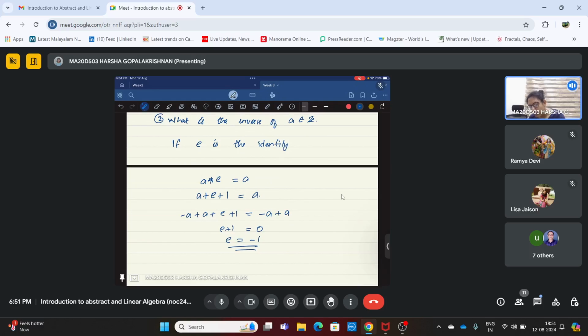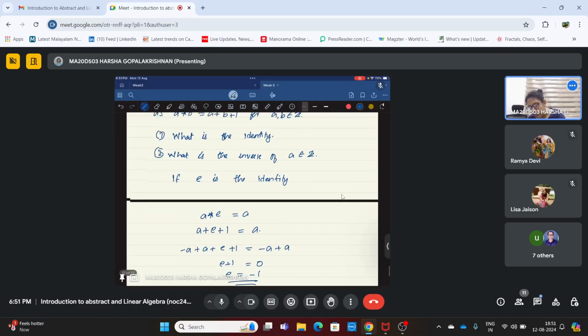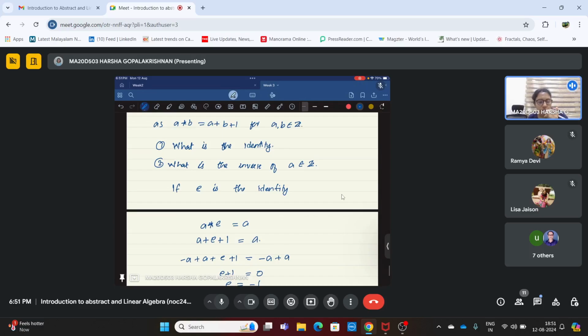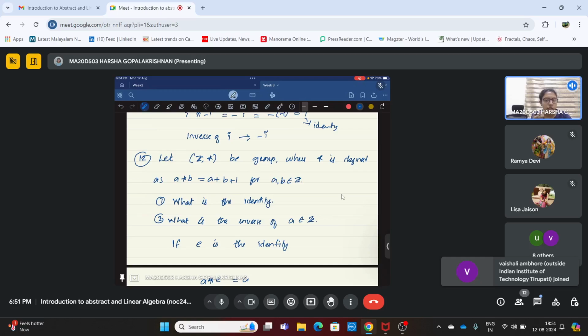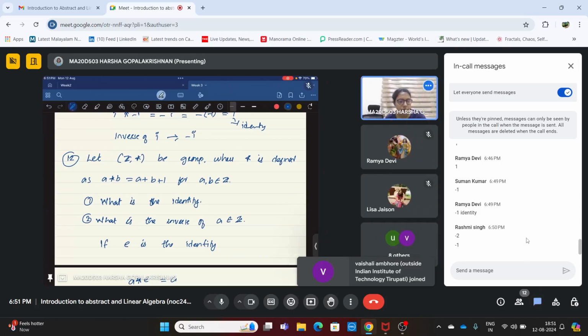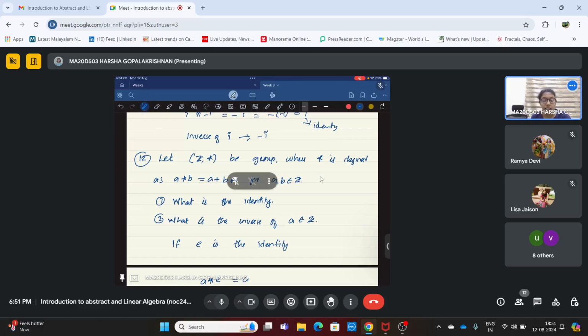Now if I am giving an element A in Z, what is the inverse of A? The operation is A star B equal to A plus B plus 1, and we got the identity as minus 1. Now find the inverse of the element A. That is, A star A inverse, you should get minus 2 minus A. Very good. Yes.